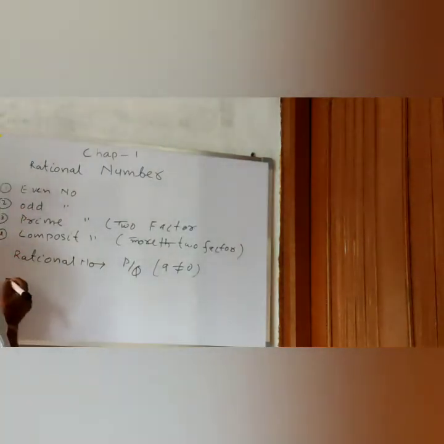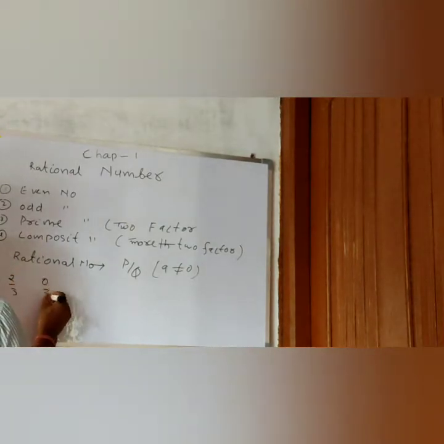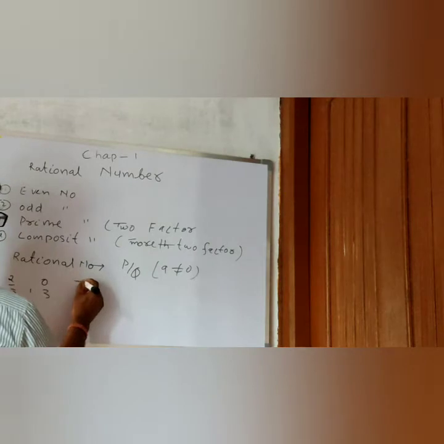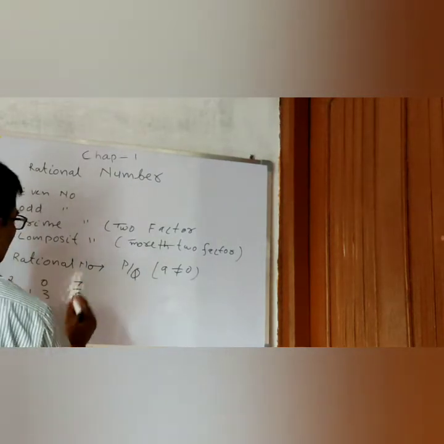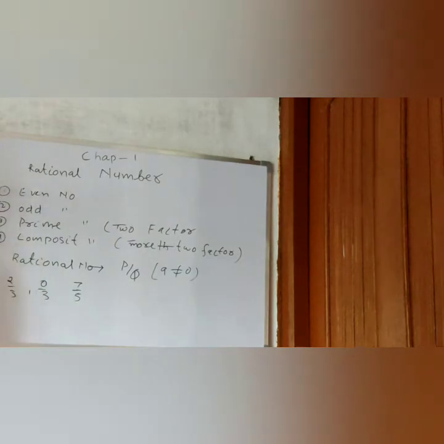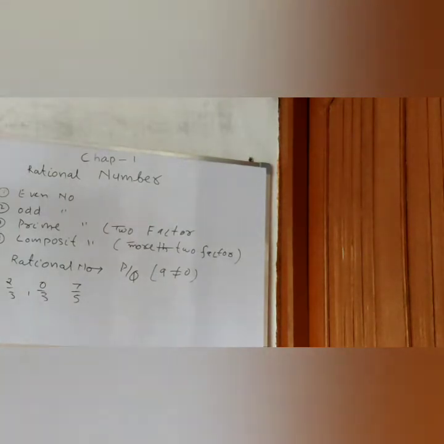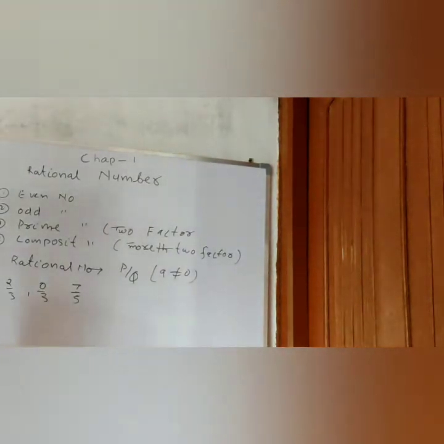For example, 2 by 3, 0 by 3, 7 by 5. These are all rational numbers. So every rational number is represented in the form of P by Q.